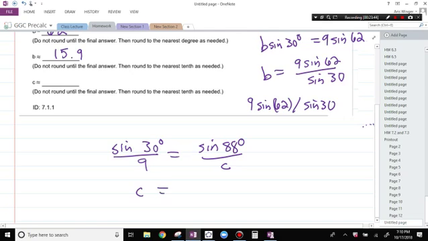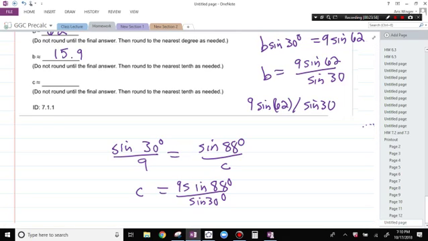You do this enough, you'll see that we're going to get this. 9 sine 30 degrees, cross multiply, divide. It's 17.989, so approximately 18 even.